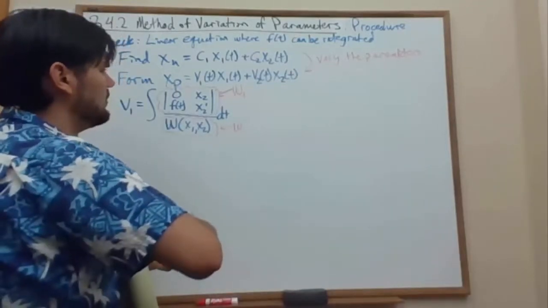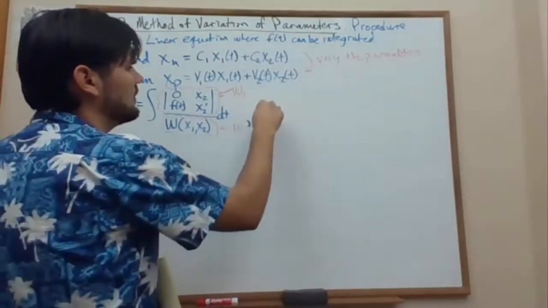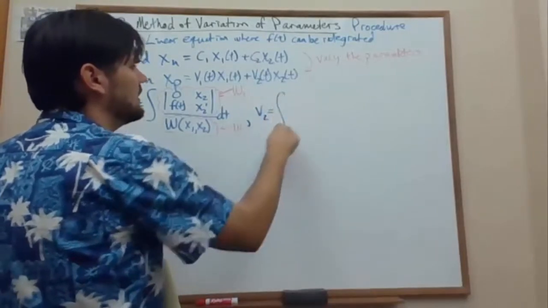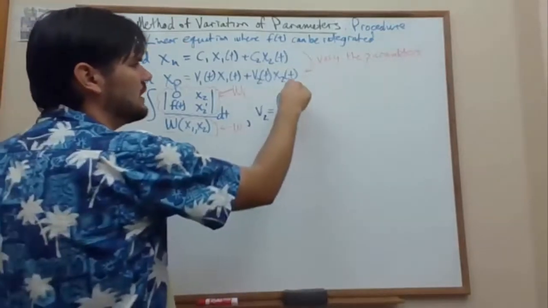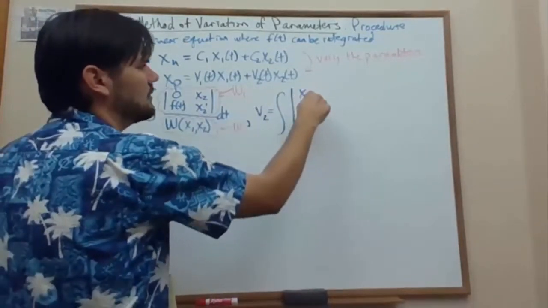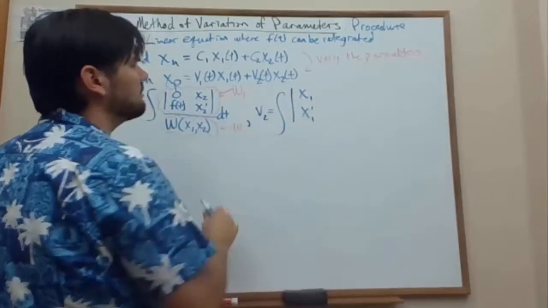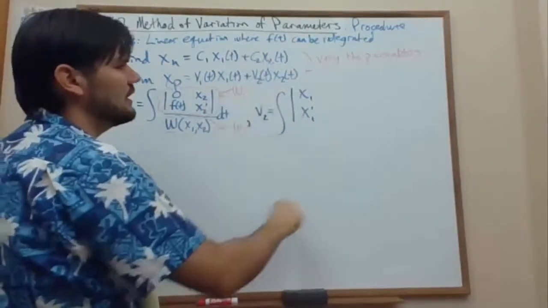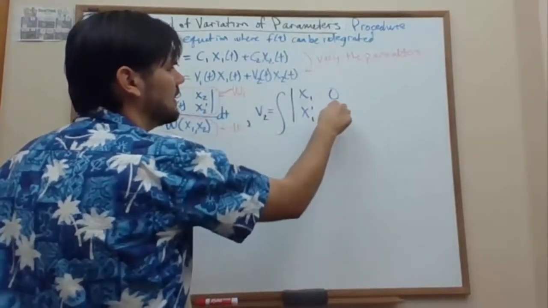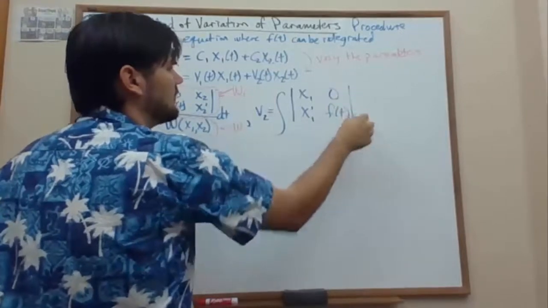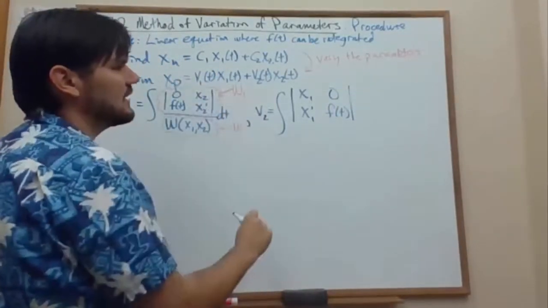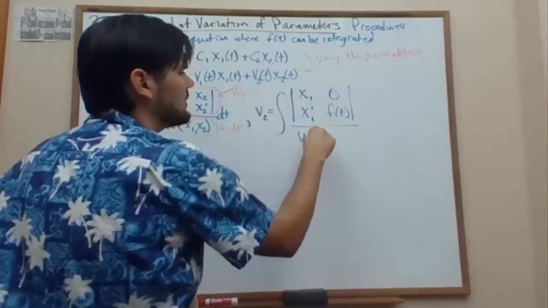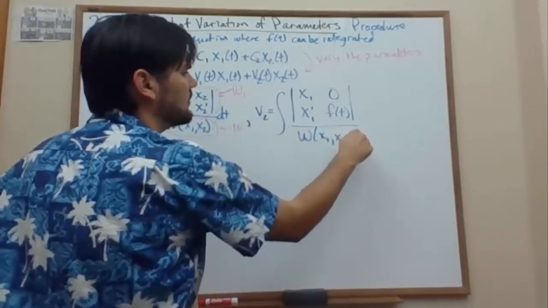And in the same way, v2 is the integral of W2 over W, where W2 is your x1, x1 prime from your homogeneous solution, and then 0, f of t, taking that right-hand side piece and pasting it over the second column, divided by the Wronskian of x1 and x2.